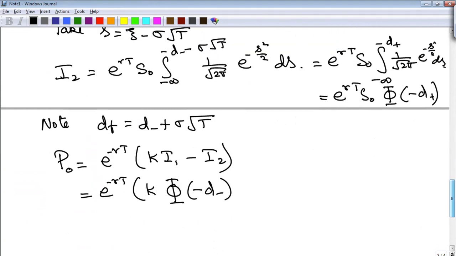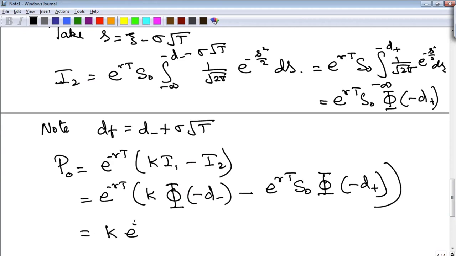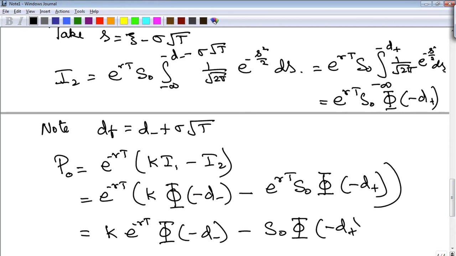Therefore, we have minus e^{rT} S_0 into Φ of minus d plus, and that gives me K e^{minus rT} Φ of minus d minus minus S_0 Φ of minus d plus. And that is precisely what we wanted to derive as the explicit formula for the Black-Scholes model, and this is called the Black-Scholes formula for European put option.